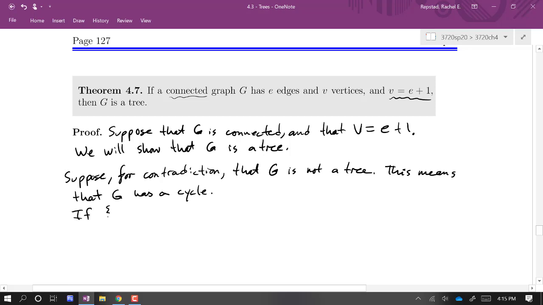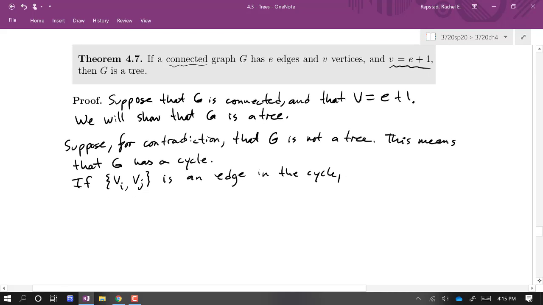Let's say Vi, Vj is an edge in the cycle. That means that there are two paths from Vi to Vj. There are two paths between any two vertices in a cycle, so certainly from Vi to Vj.